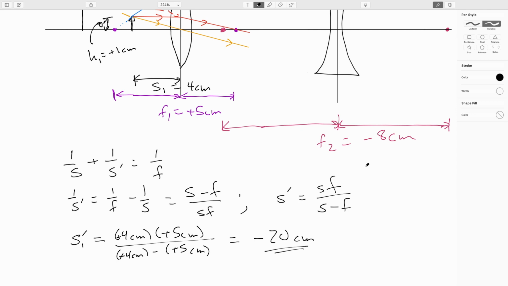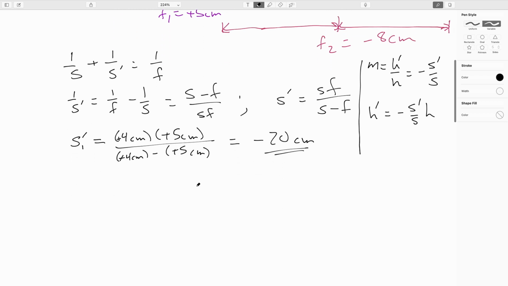Now while we're at it, let's go ahead and find the image height. We remember that the lateral magnification, which is h prime over h, is also equal to minus s prime over s. So h prime will be minus s prime over s times h. So here, h1 prime is going to be minus, our s1 prime here is minus 20 centimeters.